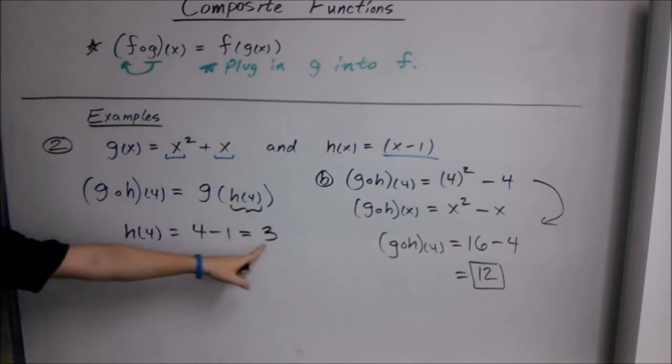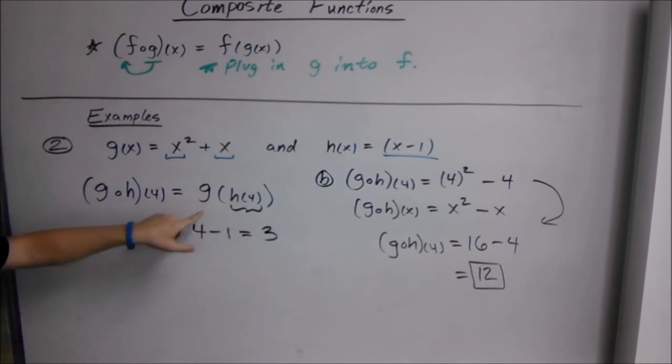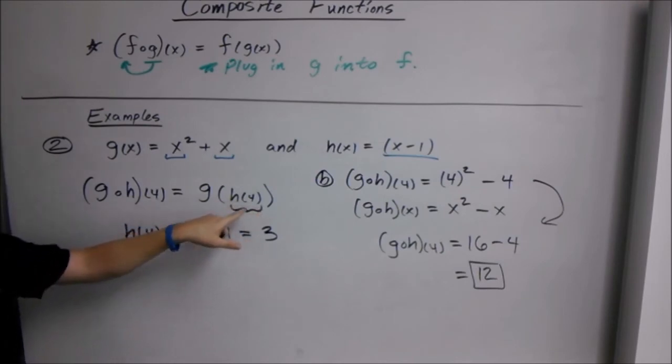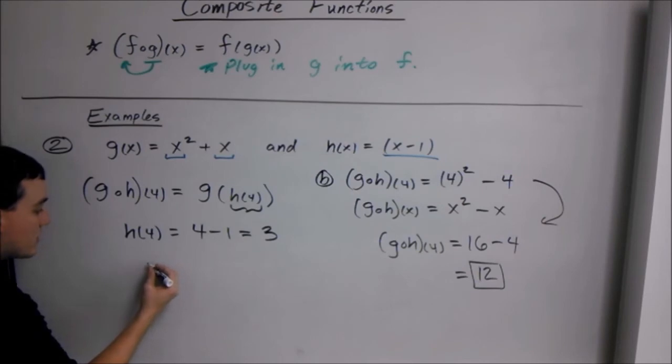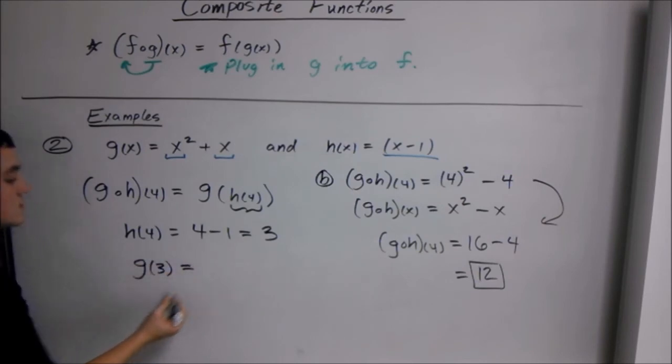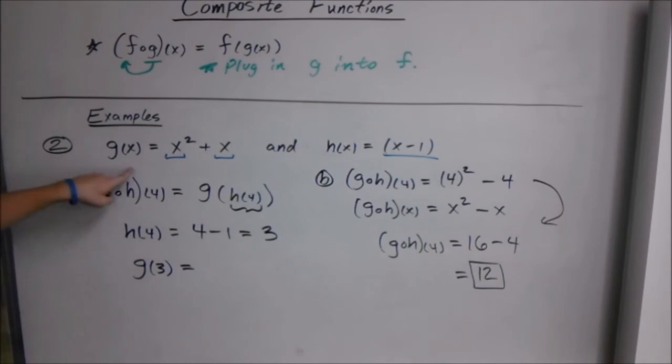And then we would take that and we would plug it into g, because we're looking for g of h of 4. If h of 4 is 3, then we just plug that in. So g of 3 is going to give us our answer. Well, g of 3 means plug in all the x's for 3's.